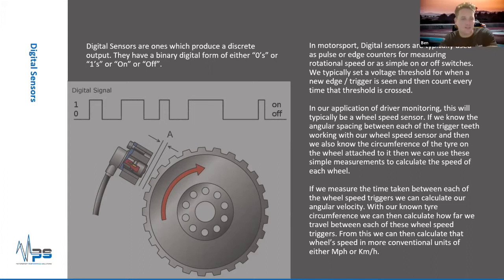The reason I mention the differences is because your data logger hardware will likely be handling the different types of sensors differently. They normally have an amount of dedicated analog inputs and an amount of dedicated digital inputs. Digital are probably harder to come by.